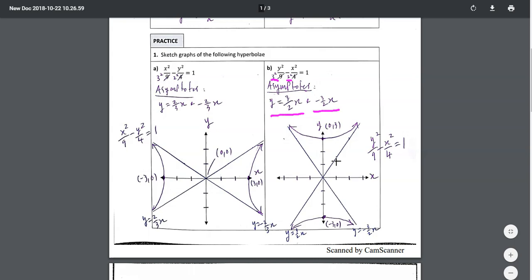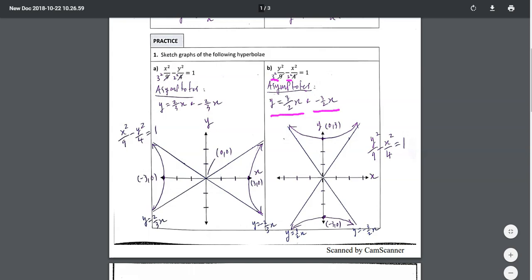And now we have to decide once again, now that we've done our two asymptotes, where are my two focal points going to be? And this time they're going to be along this direction. So in this case, we look at what is underneath the y term. So we look at our b value, and b is 3.